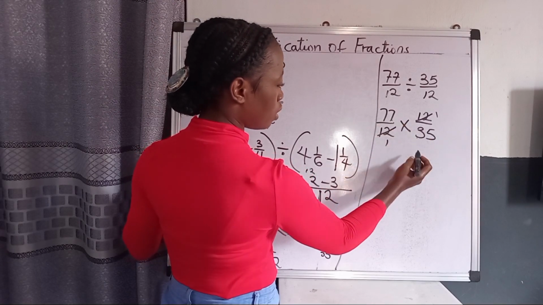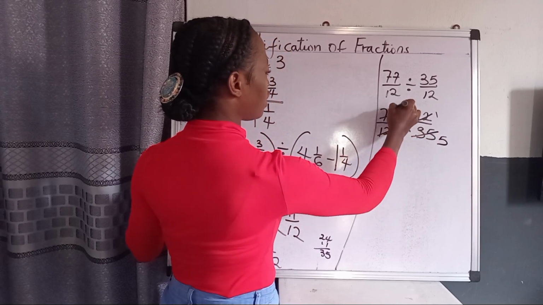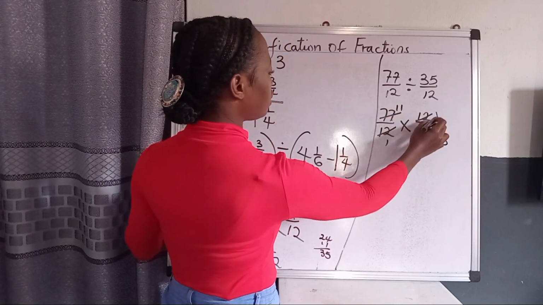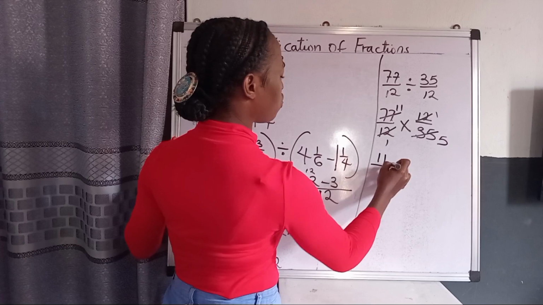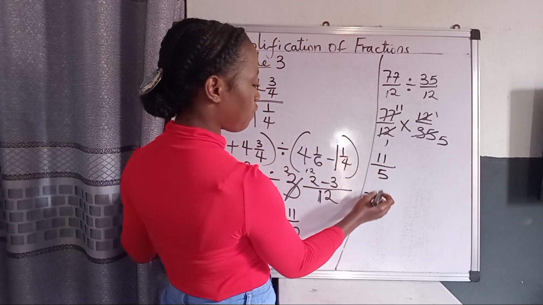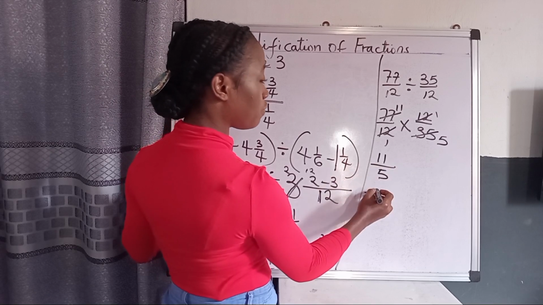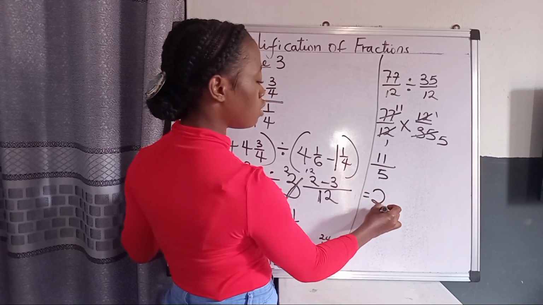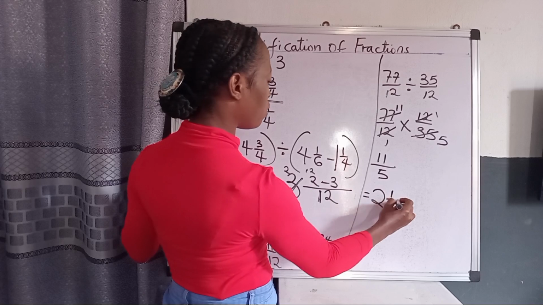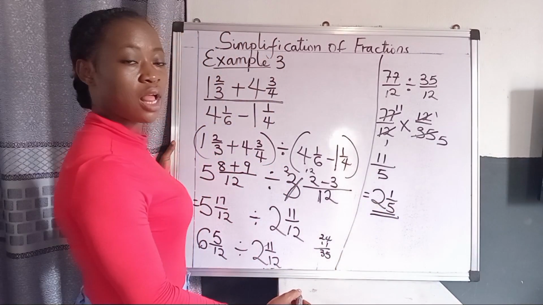So 7 can divide. 7 in 35 is 5. 7 in 77 is 11. 11 times 1 is 11 over 1 times 5 is 5. 11 over 5. 11 divided by 5: 5 times 2 is 10. So 2 remainder 1 over 5. So this will become my final answer.